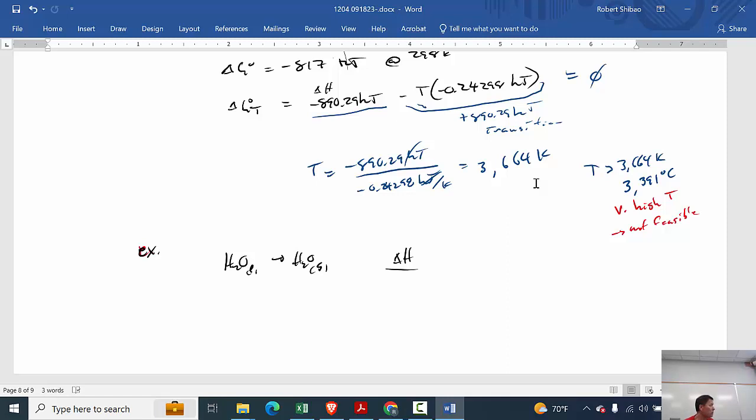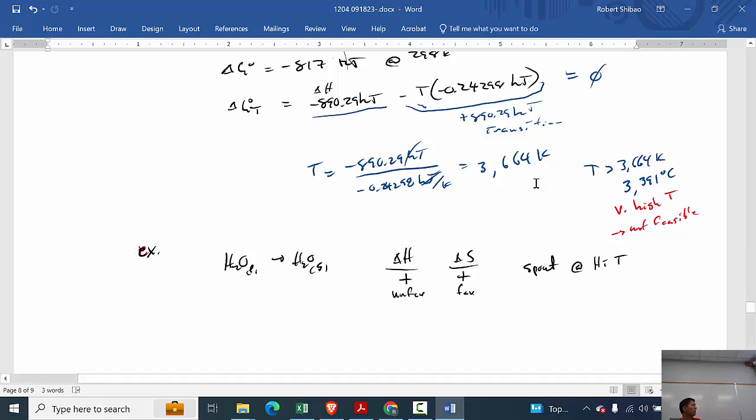We have to add energy. It's endothermic. And then delta S? It increases. So the delta H is unfavorable, however the delta S is favorable. So is this going to be spontaneous at high temperature or low temperature? At high temperature.